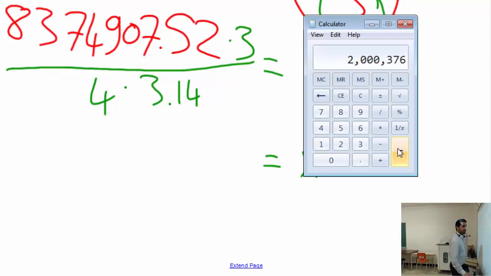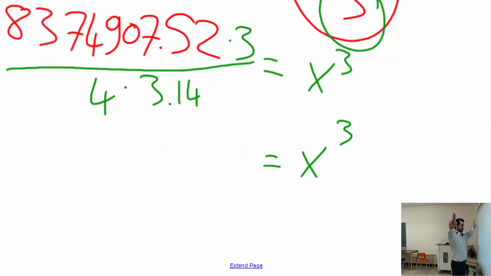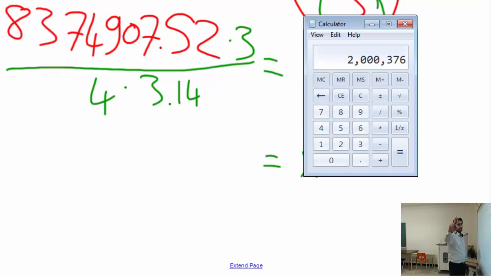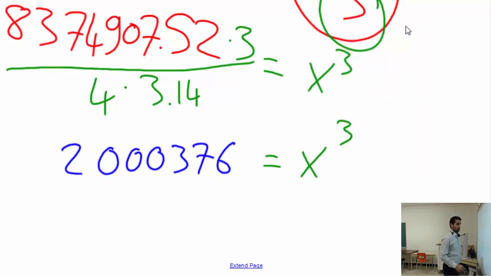That will give me 2,000,376. And on the left I have the x cubed.